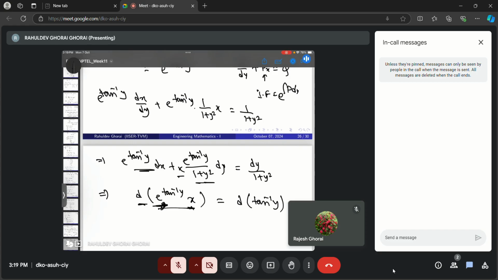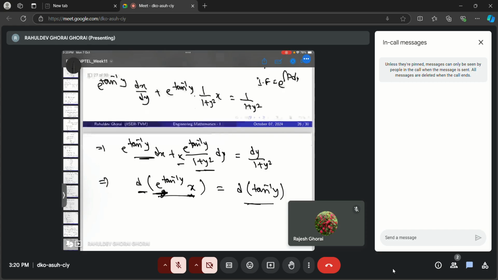That's the second one. Then similarly we get d(e^(tan⁻¹y) x − tan⁻¹y) = 0. That implies x e^(tan⁻¹y) − tan⁻¹y is a constant. So like this you can do it.